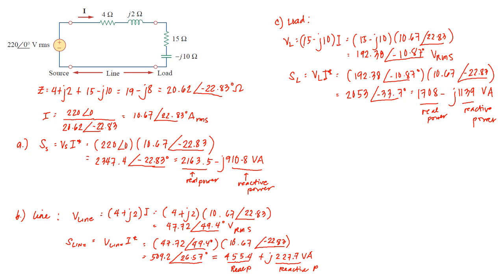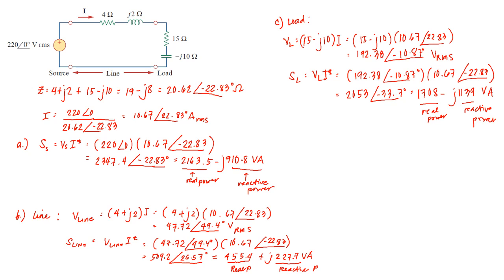So this will be equal to 2347.4 angle negative 22.83. In rectangular, that is equal to 2163.5 minus j910.8 VA.